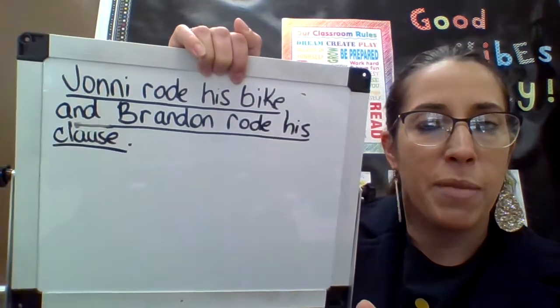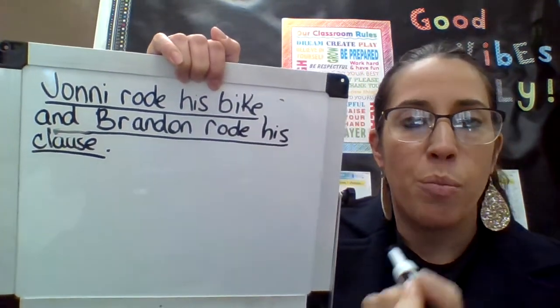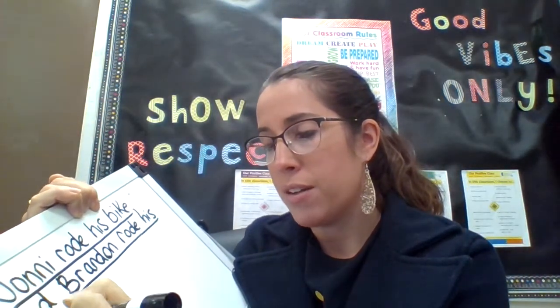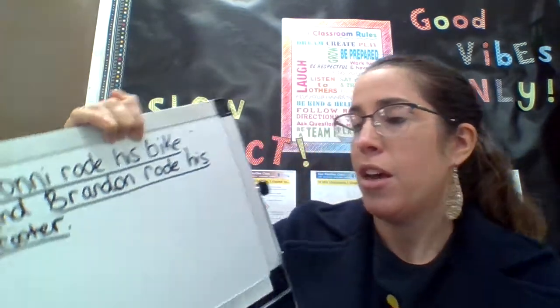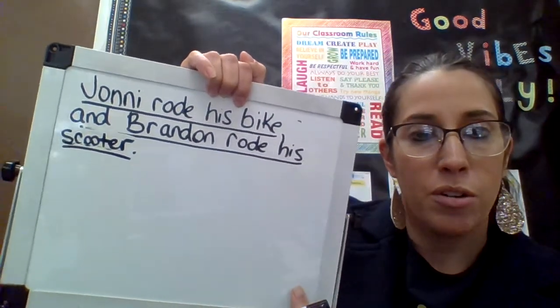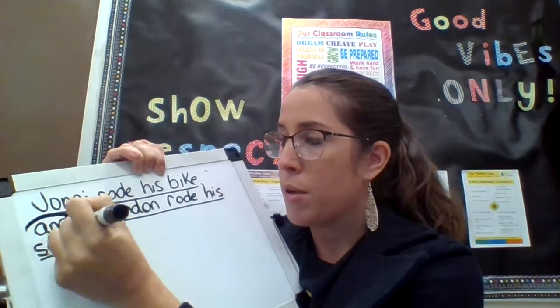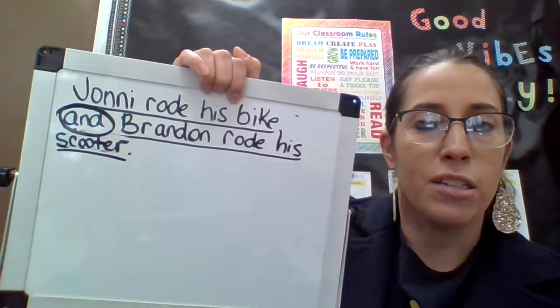And I'm going to underline both of them. So Johnny rode his bike is my first independent clause. Brandon rode his scooter. Look at me, I'm writing the words I'm saying. So we have two independent clauses joined by a conjunction, which I circled.